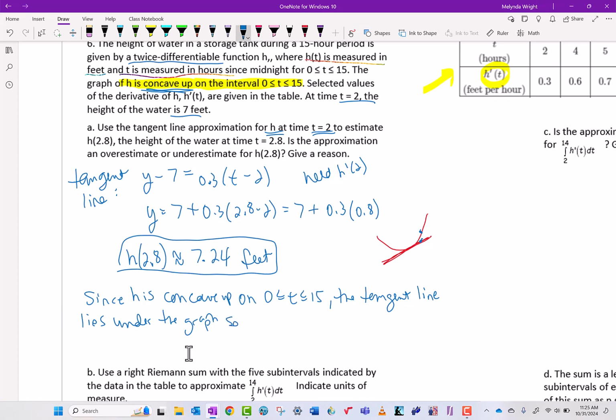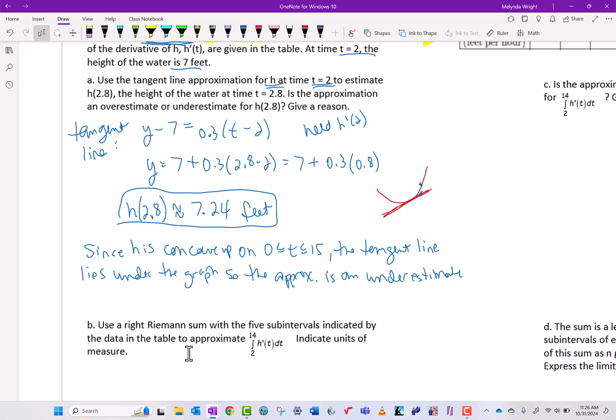So the approximation is an underestimate. Yay. Okay, great.